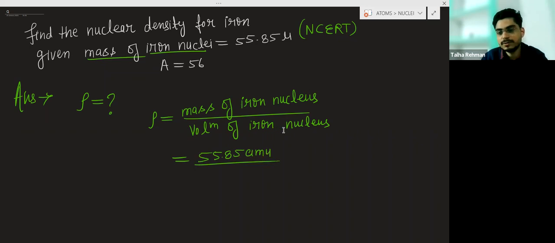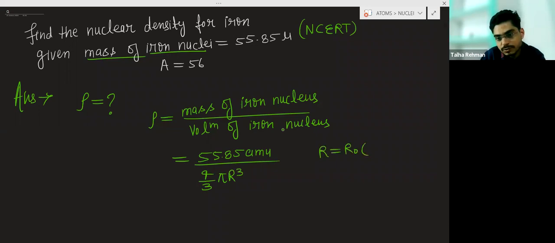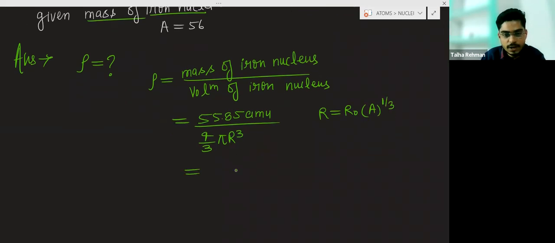Volume of iron nucleus: the nucleus is spherical, so it will be 4/3 pi r cube. And what is the expression for r? R is equal to r naught A to the power 1/3. Now put the value of r here and put the value of AMU also.